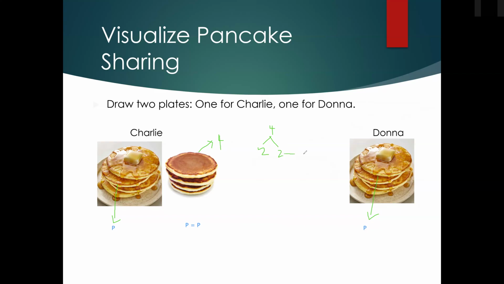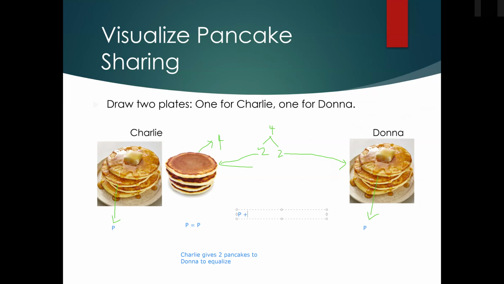We give one of the 2s to Donna, so we give 2 pancakes to Donna, and we leave the other 2 with Charlie. So this means the answer is Charlie gives 2 pancakes to Donna to equalize.